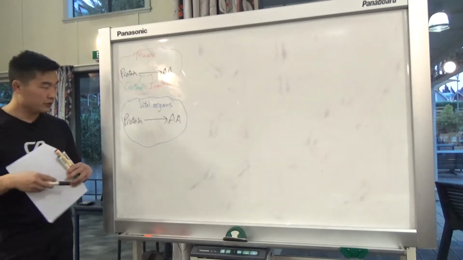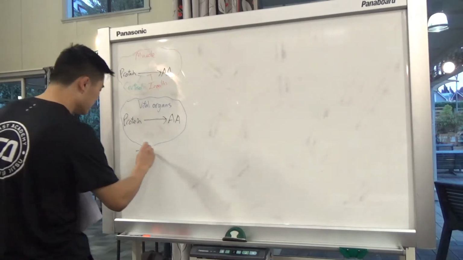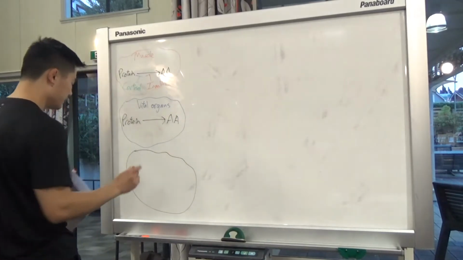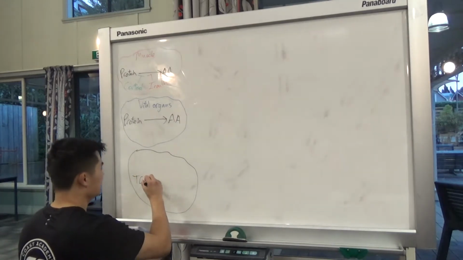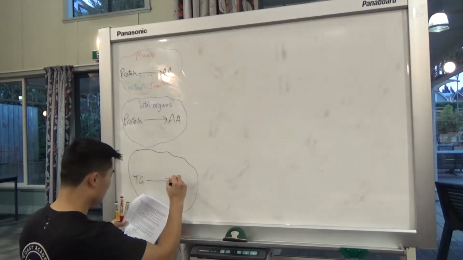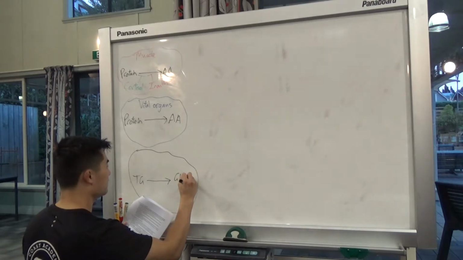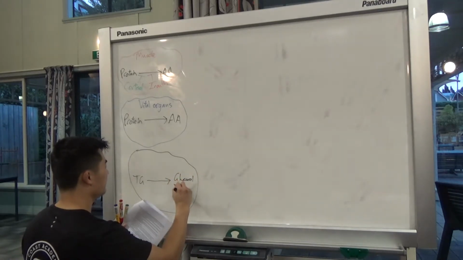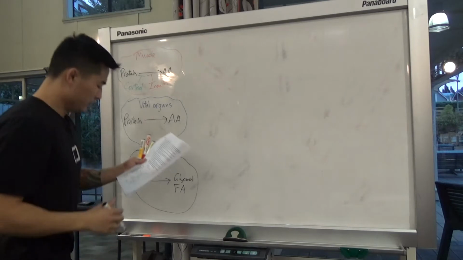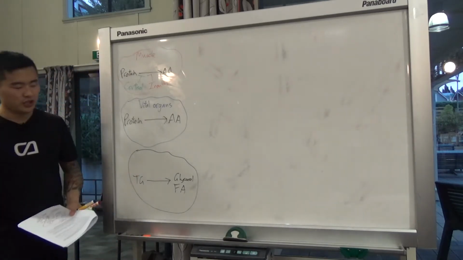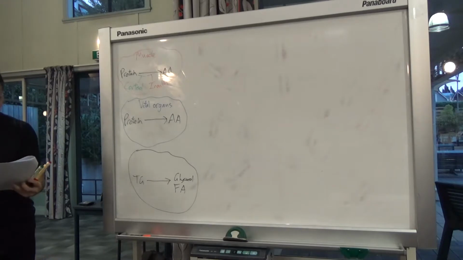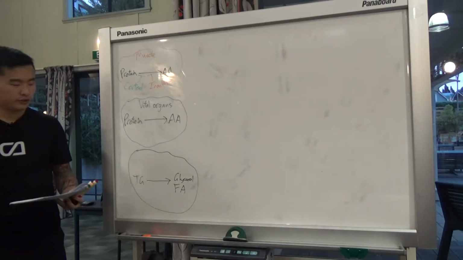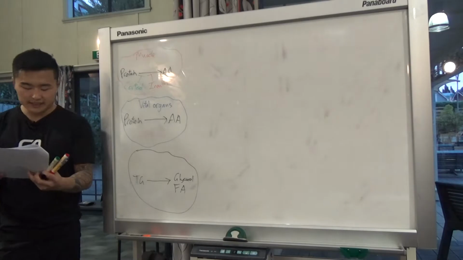And then you have your adipocytes, or your fat cells. So triglycerides turning into glycerol and fatty acids. So adrenaline and glucagon are going to stimulate hormone-sensitive lipase, and insulin is going to inhibit hormone-sensitive lipase.